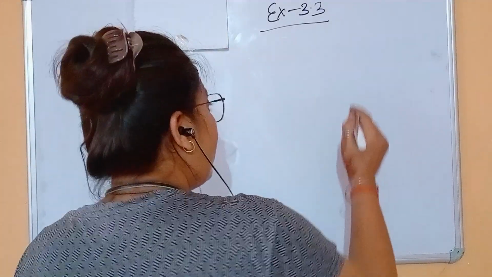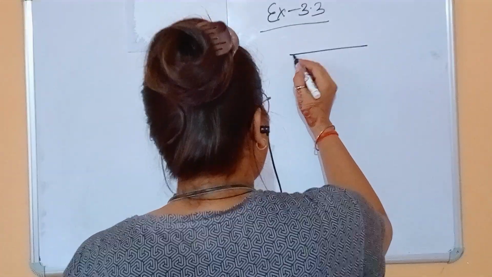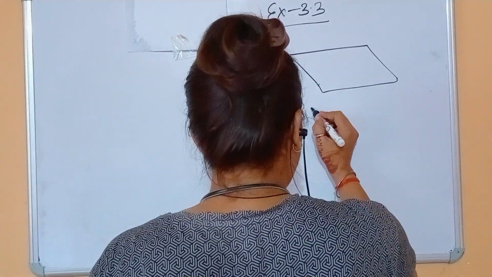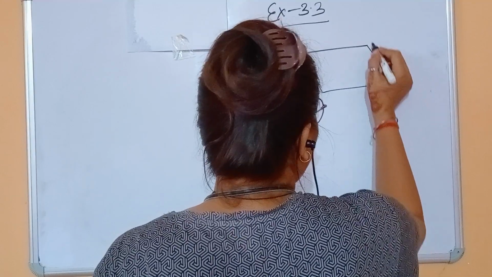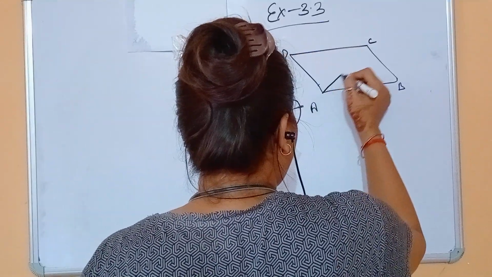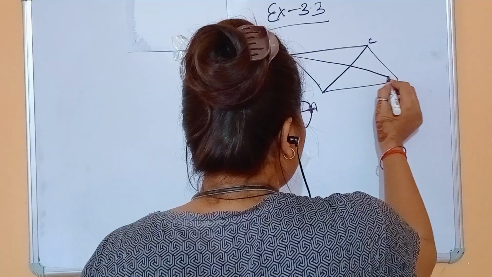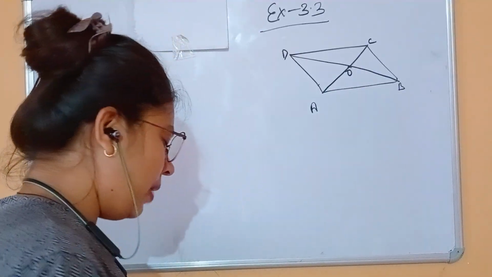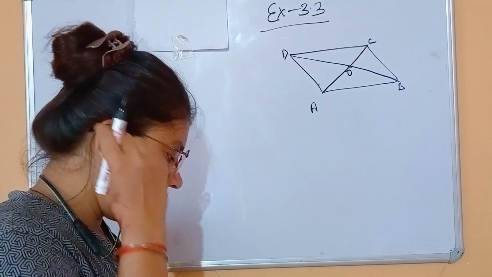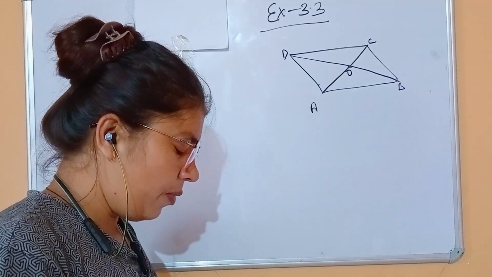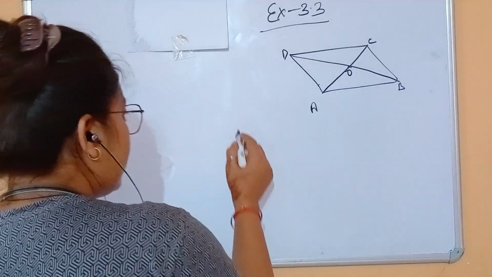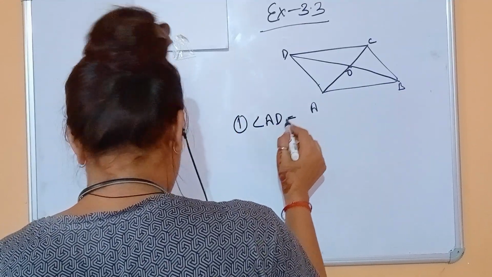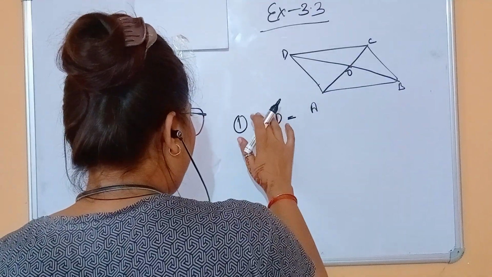One parallelogram here is drawn, ABCD, and also draw diagonals which bisect at one point, that is O. So the question says, given a parallelogram ABCD, complete each statement with the definition or property used. So first is AD.